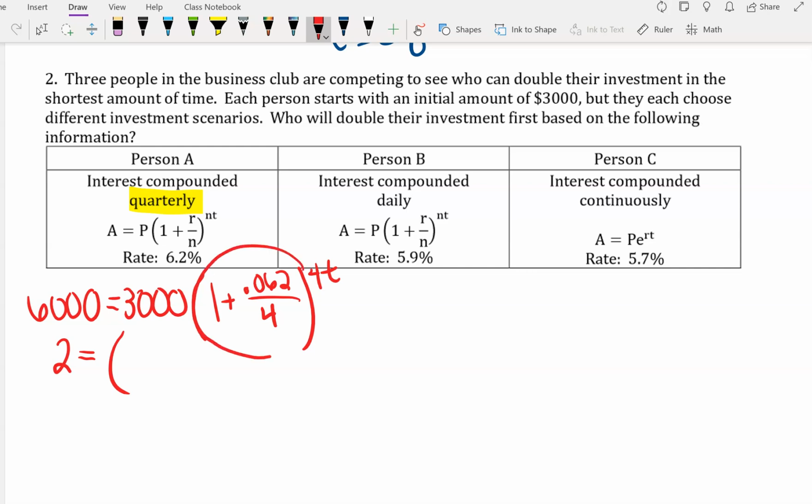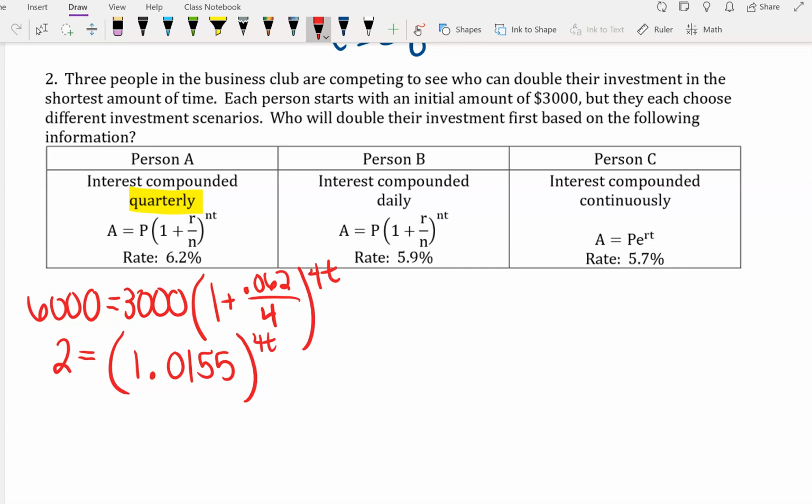And then I'm going to simplify this part here really quick. 0.062 divided by 4 is 0.0155. So this will be 1.0155 when I simplify everything that was in that parentheses. And then that's still going to be to the power of 4t.